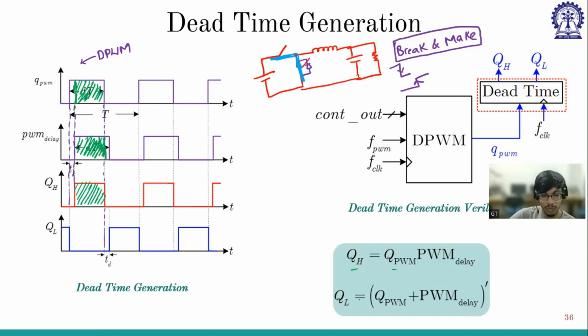Now for QL, what they're doing is QPWM plus PWM delay. QL becomes 1 only when both are 0. So let me draw the line and extend it.